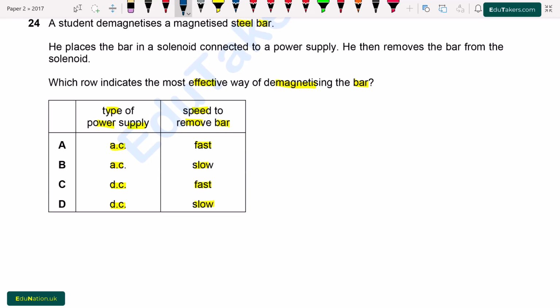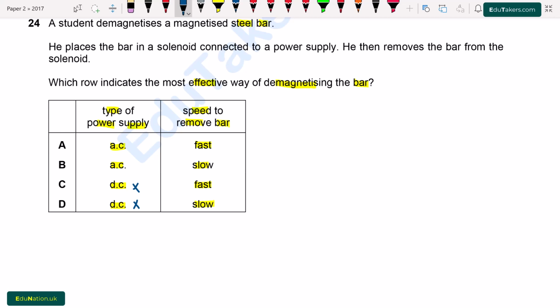First of all, here we have to demagnetize the steel bar. For magnetization and demagnetization, we use only the AC power supply, not the DC power supply. From here, options C and D are both incorrect. Now we have to check whether A or B is correct.